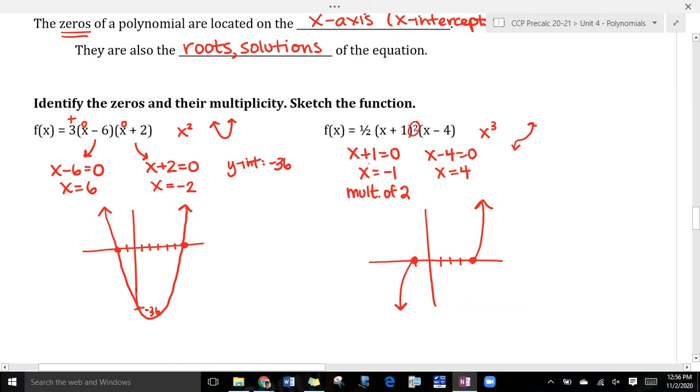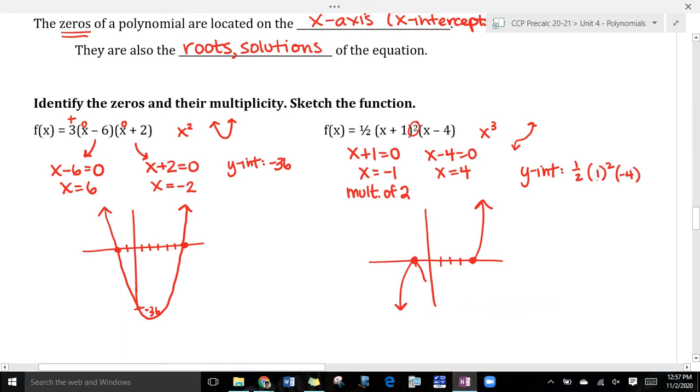Now, here's where we're going to adjust that negative 1. We need to form a parabola at negative 1. I want this graph to hit the x-axis, bounce right back off. So you can see that parabola there. It's still touching it, so it still counts as an x-intercept, but because of the x squared, it's bouncing. I'm wondering how far down the y-axis it goes. What is that y-intercept? So again, let's check it out. If we put 0 in for x, we'd have a half times 1 squared times negative 4.